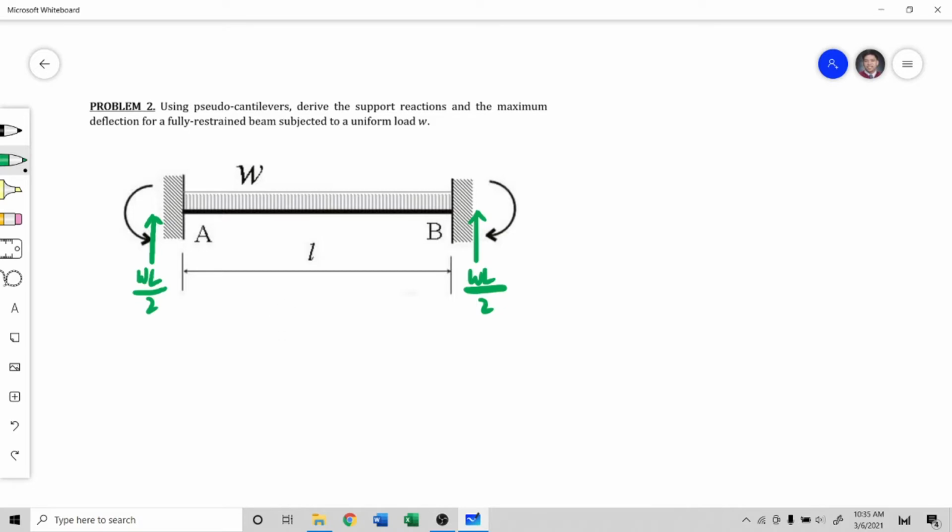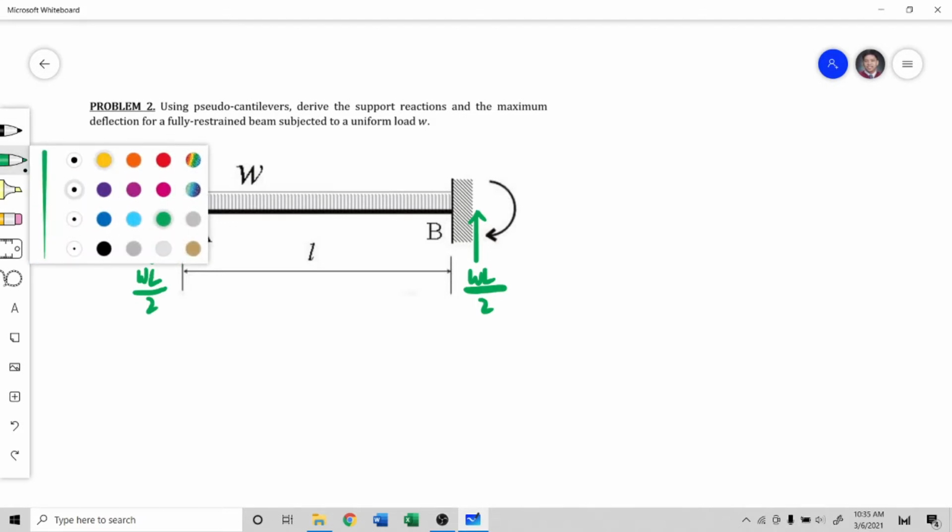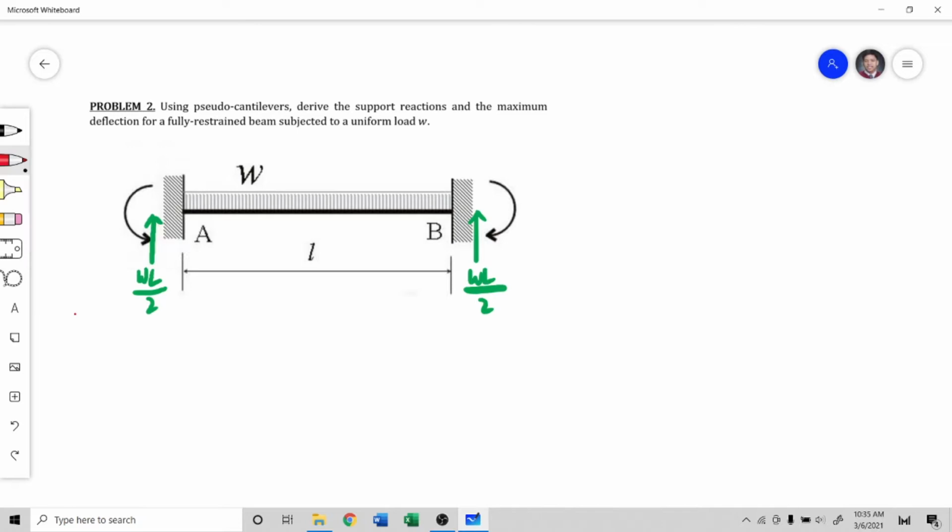Now again, idealize natin yung ating elastic curve for the beam. So our beam would deflect in a way such as this one. Yun. So near the supports, medyo patag, medyo flat yung ating deflection curve. And then gradually umi-increase yung ating deflection.